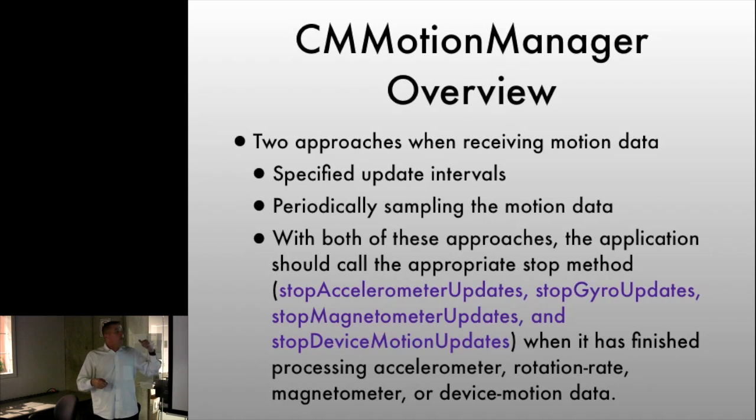So with either of these approaches, you still need to call the appropriate stop methods, and we're going to talk about the accelerometer and the magnetometer in a second here. But it's really important to call these stop methods on each one of these motion manager frameworks that you use when you've finished using it.